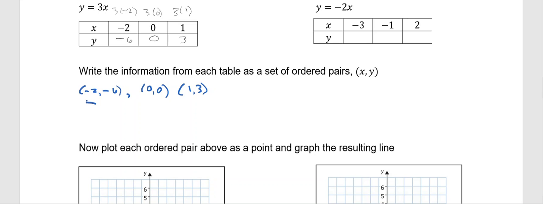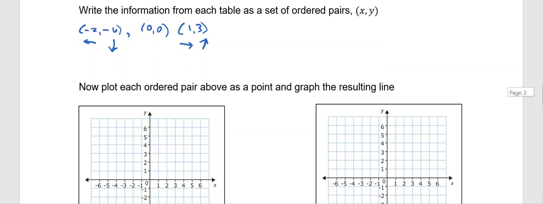So I know I'm going to have to move left. And the -6 tells me in what direction to move on the y-axis. I know I'm going to have to move down. 0, 0, there's not going to be any movement. That's actually just sitting on the origin. And then 1, 3, the 1 tells me from the origin to move to the right 1 space before I turn and move up 3 spaces.